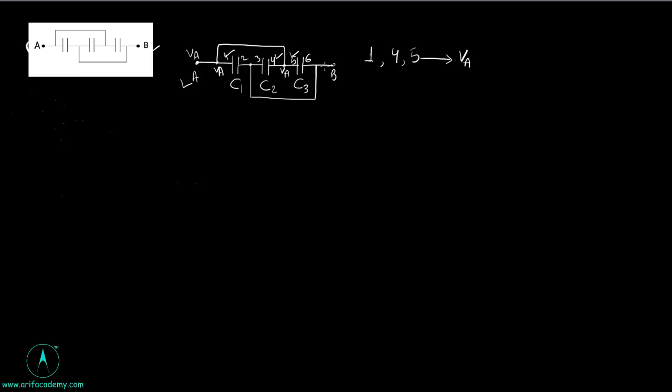Similarly, terminals 6, 2 and 3 will have the same potential as VB.